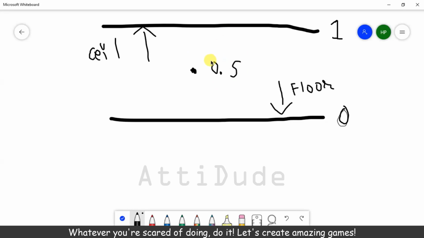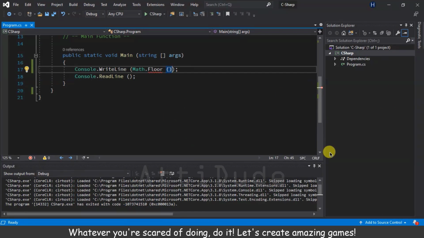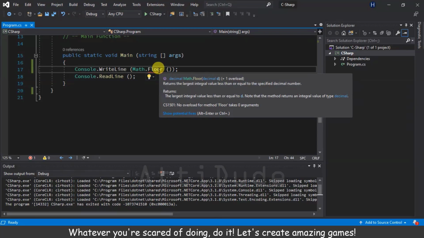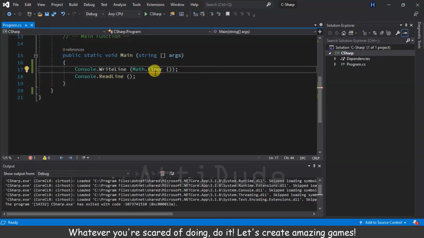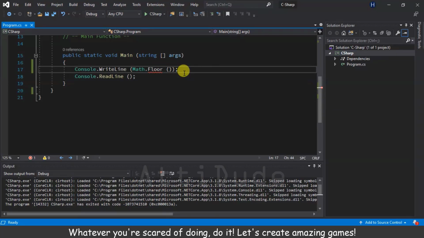And it's not necessary that you have 0.5 right here. You can even have 1, 2, or basically any number. And that's how these things work. I'm just gonna disable this and let's hop back into Visual Studio. And let's see, math.floor. We need to pass in the decimal value, which in our case, I'm gonna pass in 0.5.